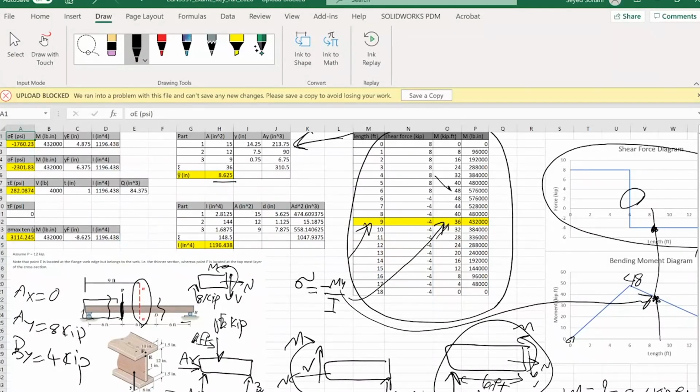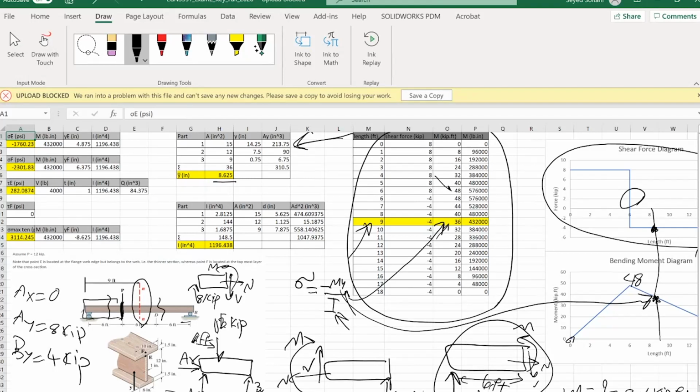So we still don't know Y, we still don't know I, we just know what the centroid is. How do we determine Y in general? Keep in mind that Y is the distance between the centroid, which is exactly where the neutral axis is positioned, and the point of interest.